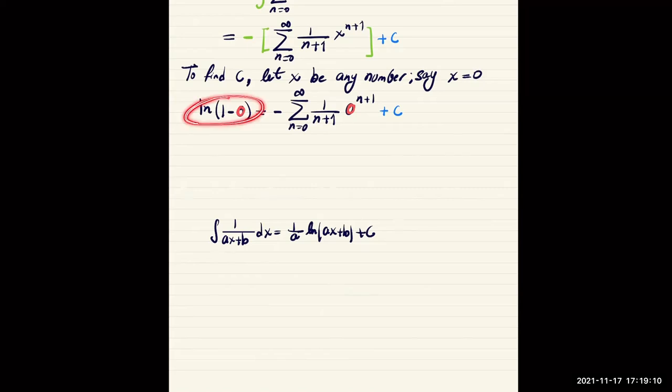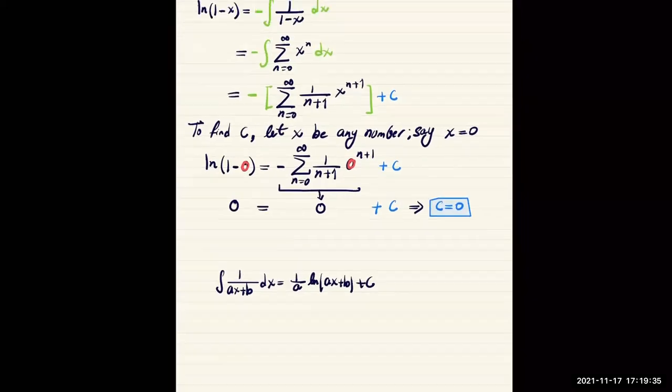On the left hand side, ln of 1 is 0. This whole thing is 0. So c has to equal 0. That takes care of that.